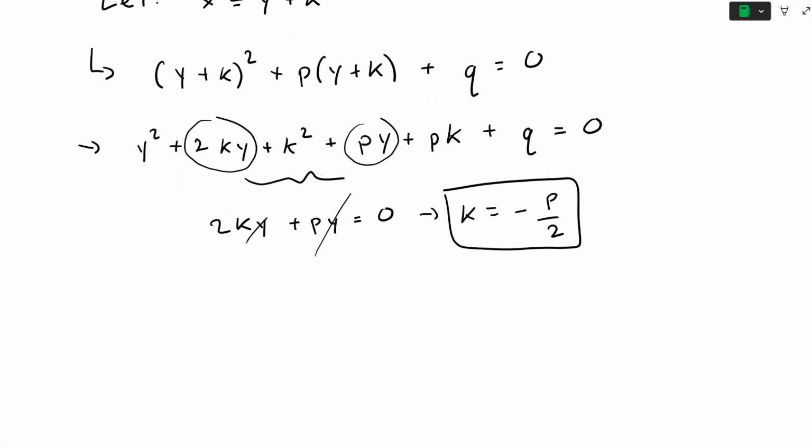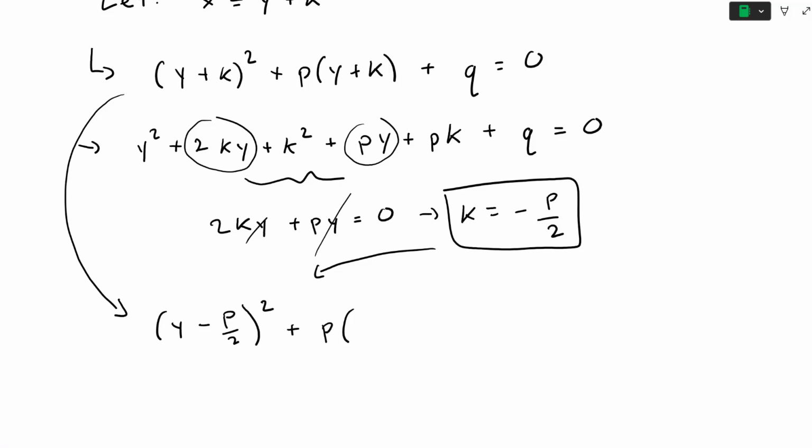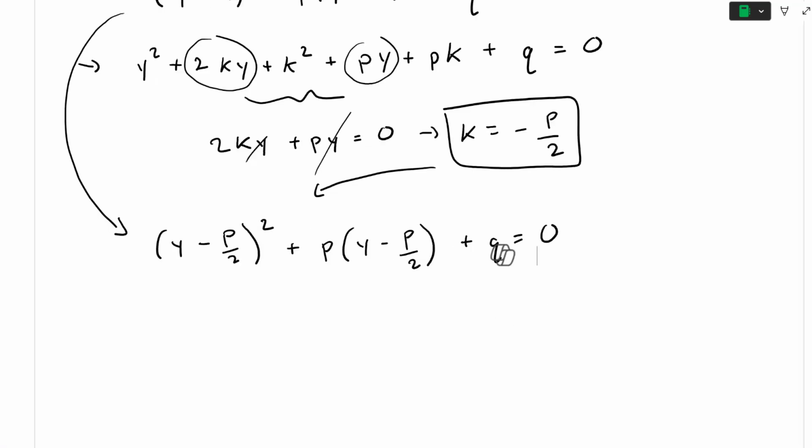So what this means is we could throw this inside, and what we end up having is y minus p over 2 squared, plus p times y minus p over 2, plus q equals 0. Now just expand this out again for completeness.